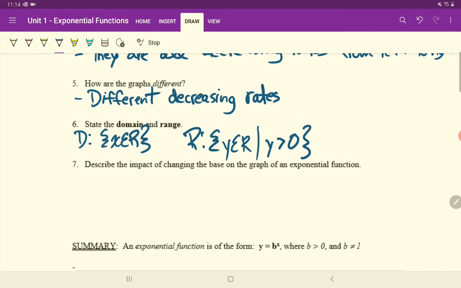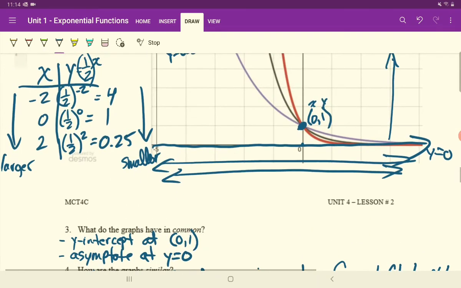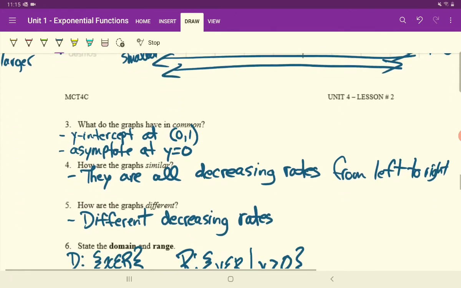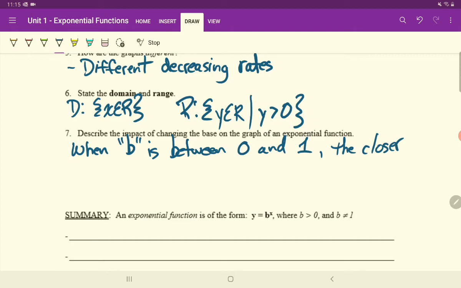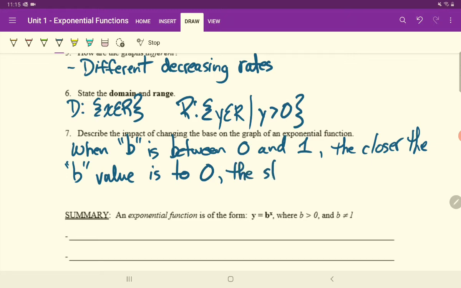Okay, so now we're going to describe the impact of changing the base on the graph of an exponential function. When b is between 0 and 1, the closer the b value is to 0, the steeper the curve.